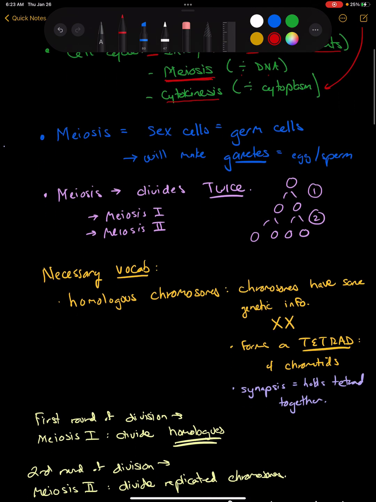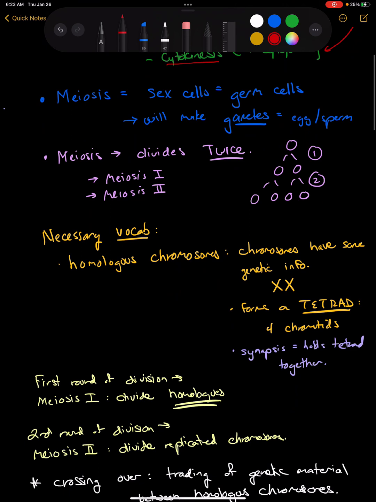Now, this is a lot of vocab, so we need to get through it. Meiosis, I'm using sex cells, which are also known as germ cells. These germ cells are going to be found in gonads. And I know that whenever you guys usually hear the word gonads, you think you're referring to boys, to testes, but really gonads, from a scientific definition, is the organ in which you make your reproductive cells.